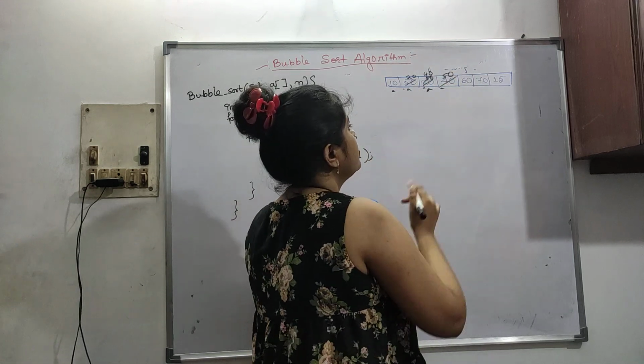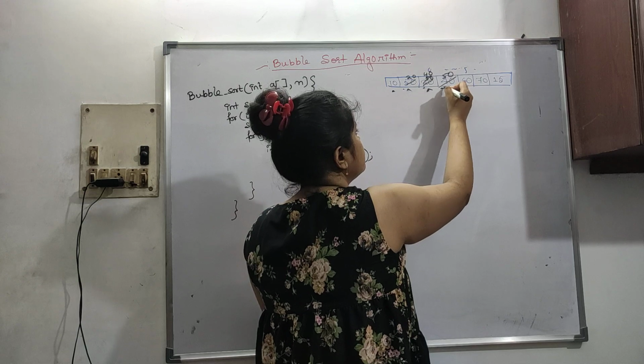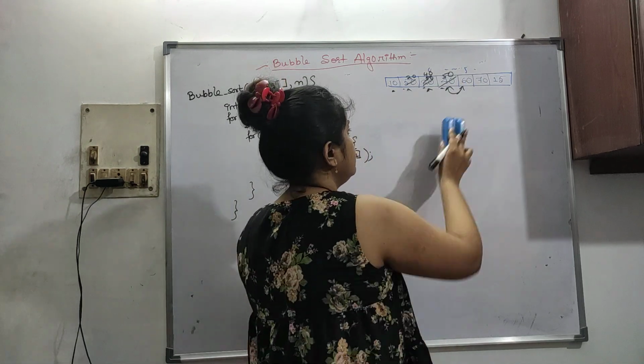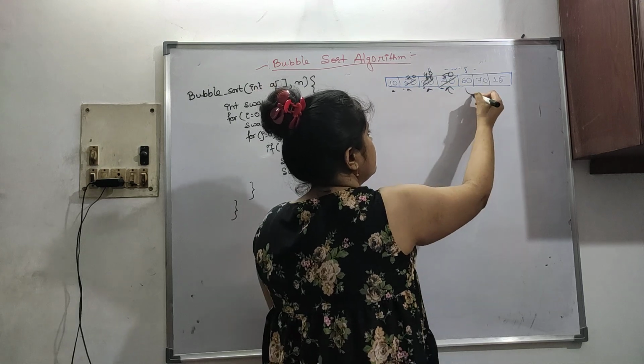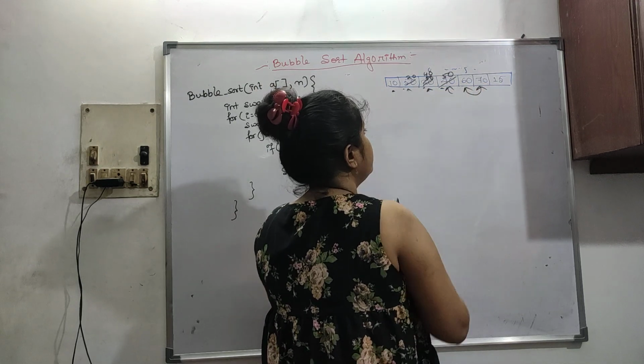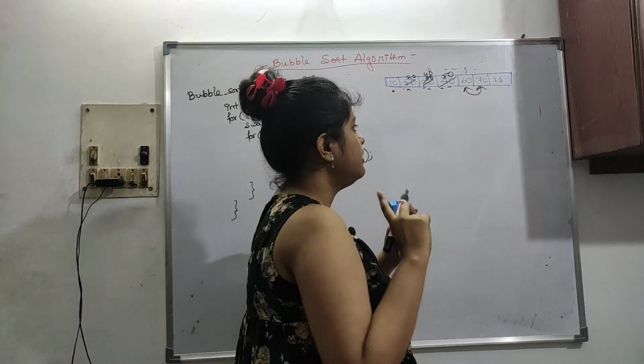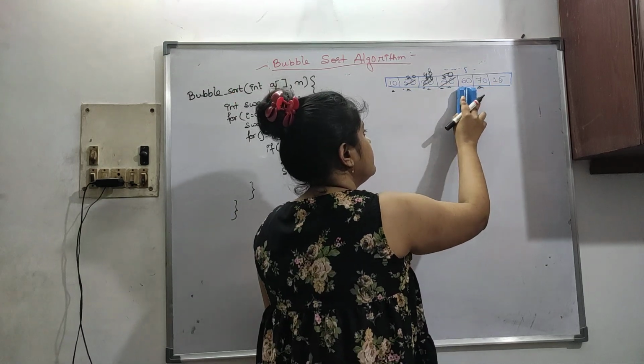Now again, 50 and 60. It is already sorted because 60 is greater than 50, so nothing to do. Then move on. Next, 60 and 70. 60 is less than 70, it's okay, nothing to do.